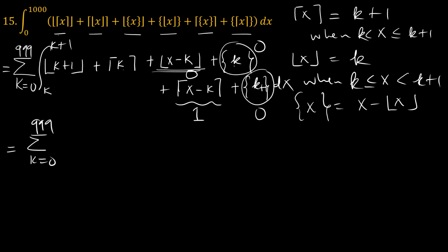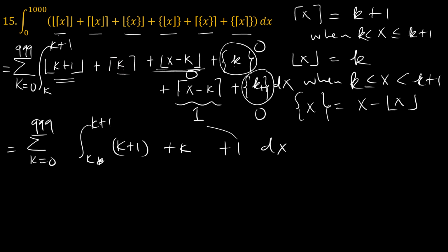the integral from k to k plus 1, or we can just pull these integers out, and then plus k plus 1. And these are all constants, so we can pull everything out.